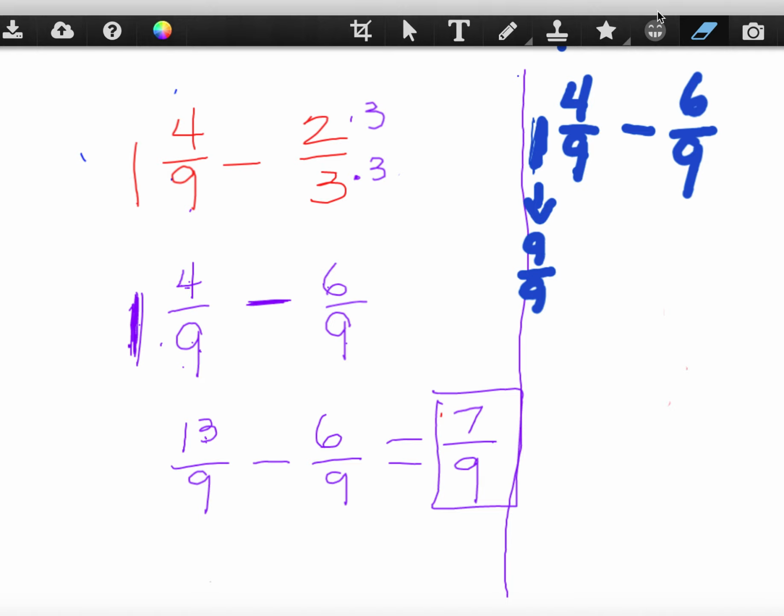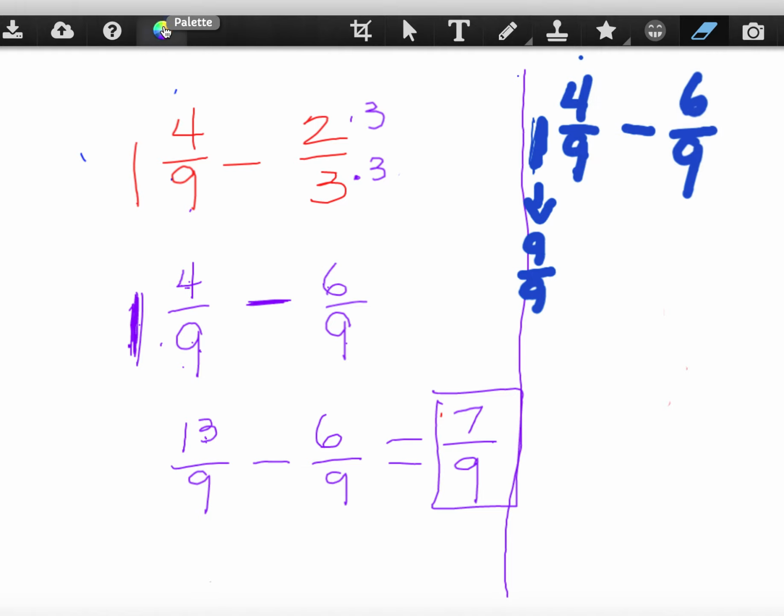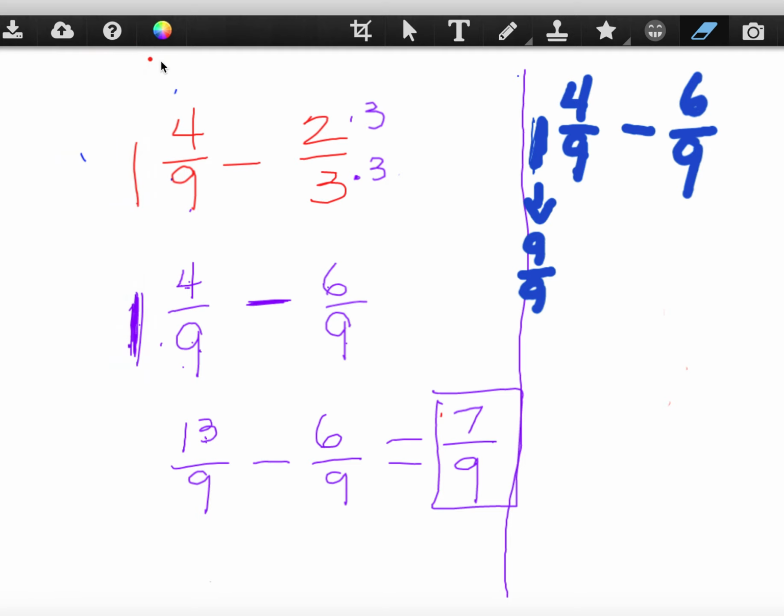Basically what I'm going to do is take this 9/9 and add it to this fraction.